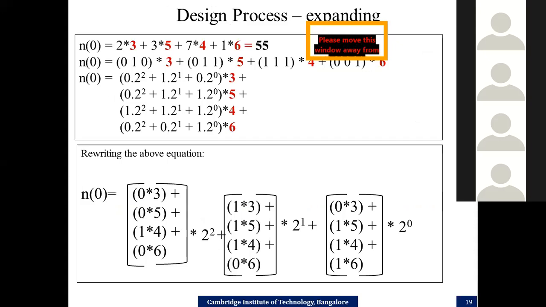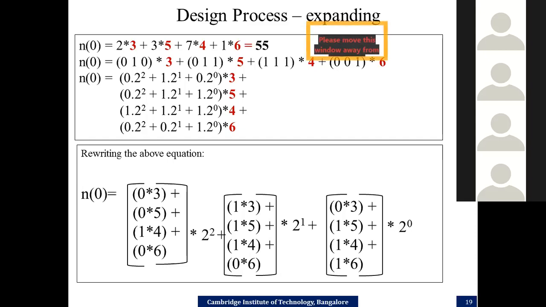Now, what we are trying to do is, see here, I'm representing neuron 0, the output of neuron 1, 2 into 3, 3 into 5, 7 into 4, and 1 into 6, which is now 55. So I request the participants to just focus so that you are able to understand the activity.